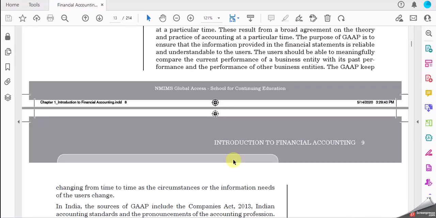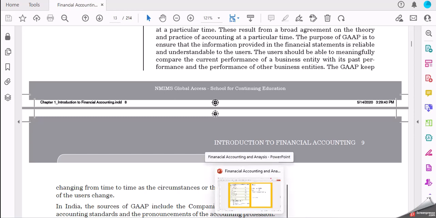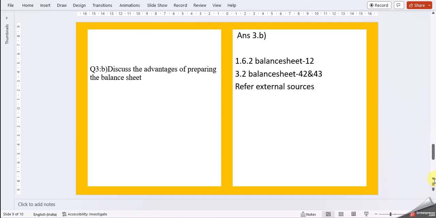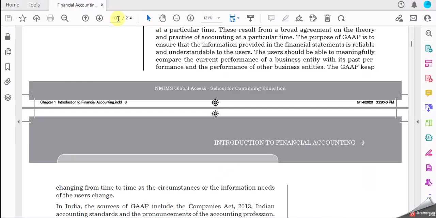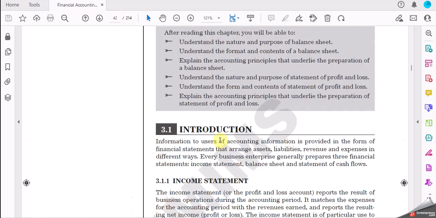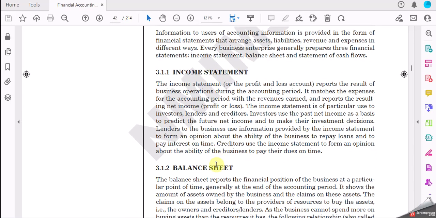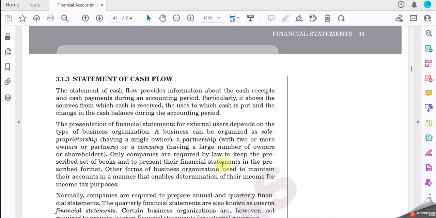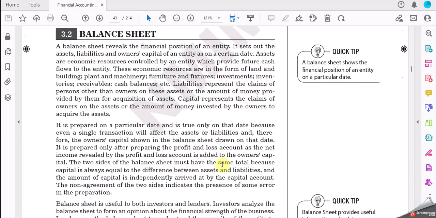Then moving to page numbers 42 and 43: income statement, balance sheet. So here you again have a similar kind of explanation given for you to understand.